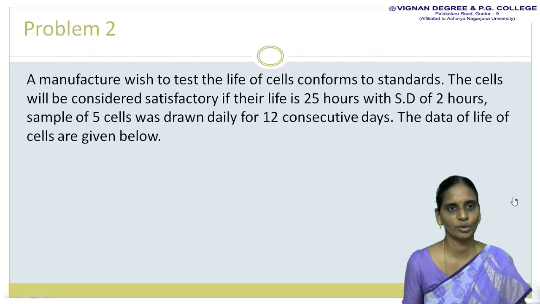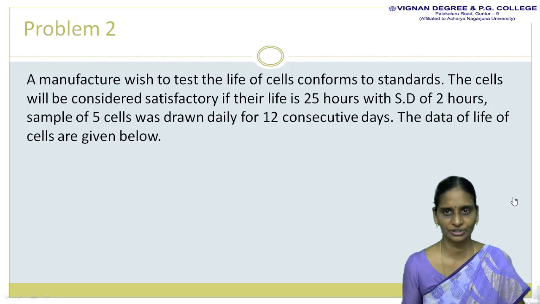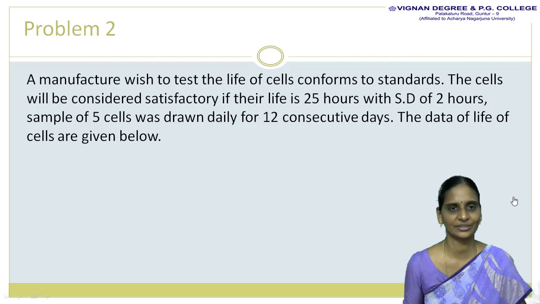And the second problem is, a manufacturer wished to test the life of cells. To conform to standards, the cells will be considered satisfactory if their life is 25 hours with a standard deviation of 2 hours. A sample of 5 cells was drawn daily for 12 consecutive days.